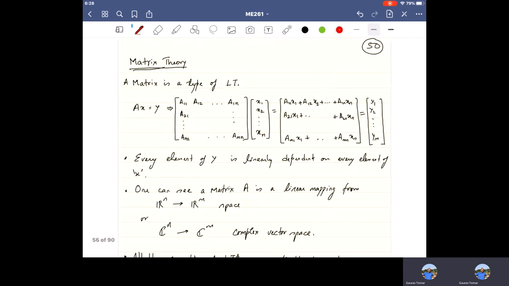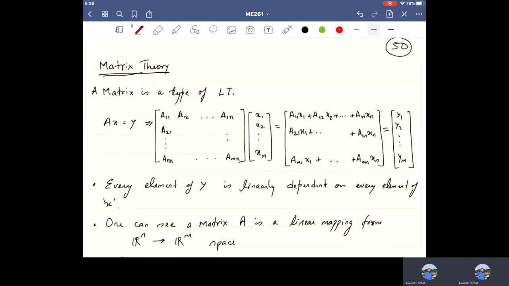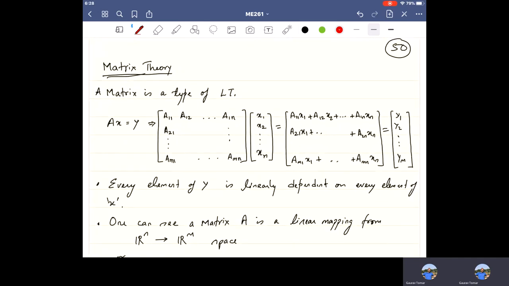Now we go to the next part of the core of this part of linear algebra, which is matrix theory. Now, a matrix is a type of linear transformation, and crudely speaking, it's a collection of numbers arranged on a two-dimensional array like this. This is a matrix. But more than that, it's a mapping Ax to y. And it's a linear mapping as shown by this.